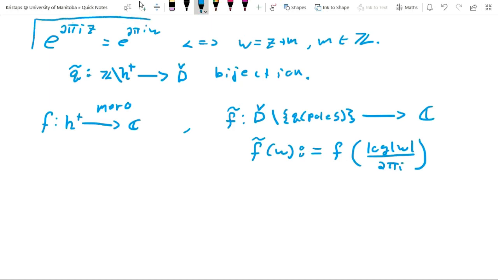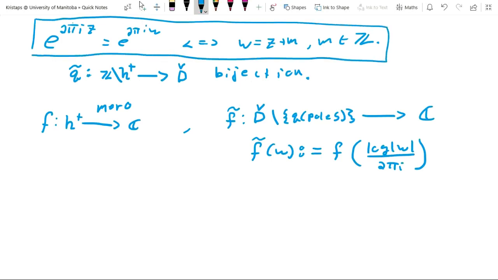However, this is still well defined because our complex exponentials' preimages are only the same if they differ by some integer translate. And recall that if our function f is weakly modular, it must satisfy the condition that f of z plus 1 is equal to f of z. So it doesn't discriminate between integer translates, and thus this is in fact well defined.